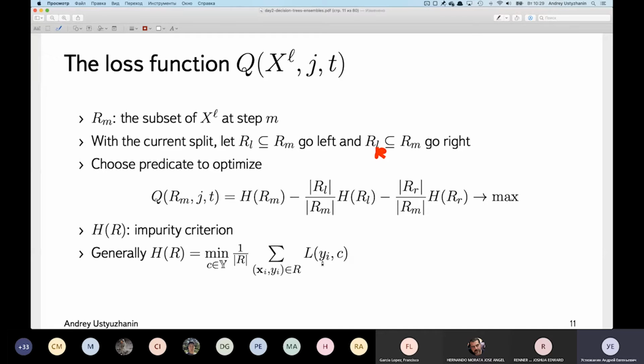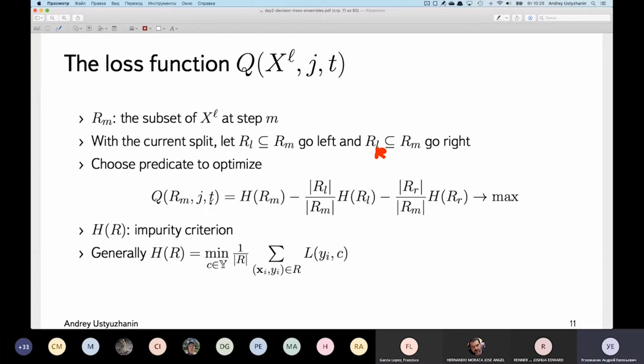Here R is a loss function that we compute for our classification algorithm. So it's kind of a measure of bad separation.